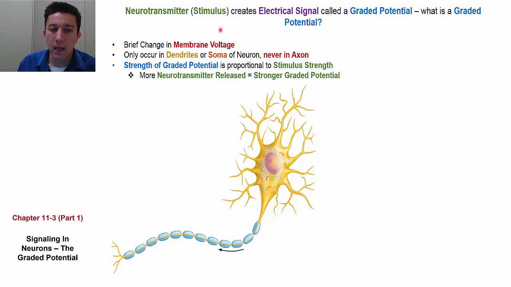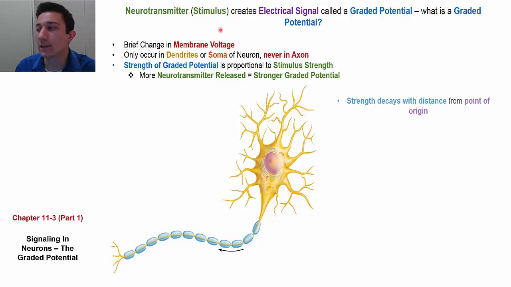Graded potentials also have a feature where they're not long distance signals. They're very short local signals. The reason for that is that the strength of a graded potential decays with the distance from its point of origin.